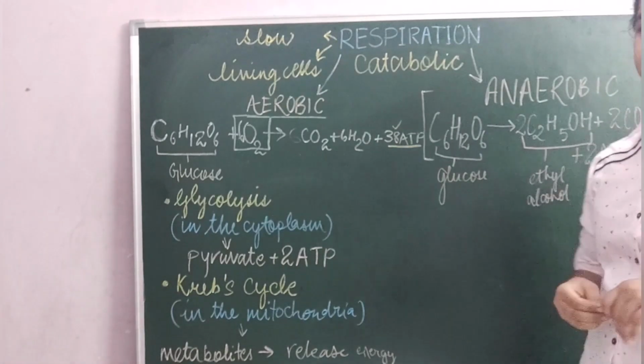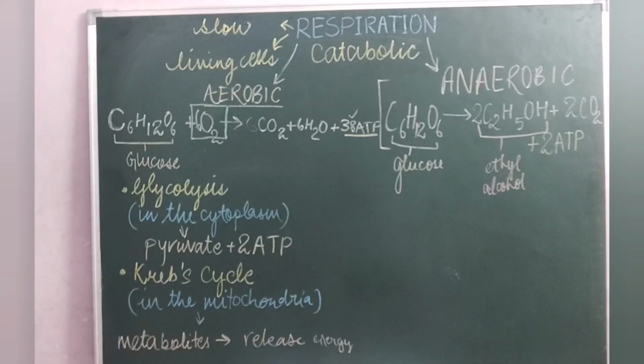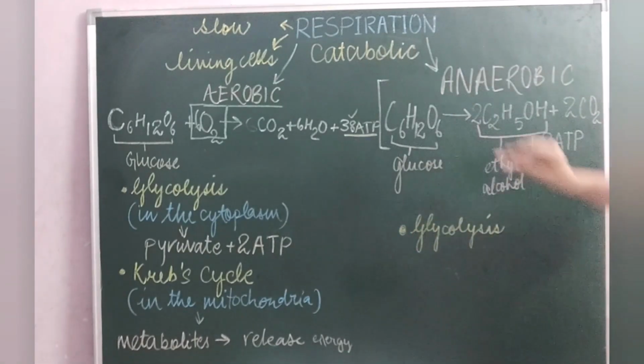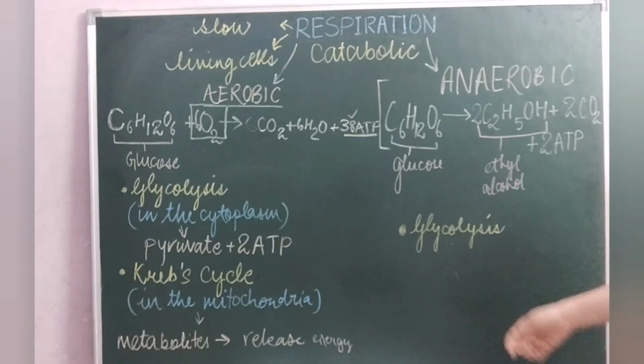Anaerobic respiration. Right now we discussed what is glycolysis. Glycolysis is the first phase of breakdown of glucose in which the incomplete breakdown of glucose takes place. Now in aerobic respiration, the first process is glycolysis. The same thing occurs when there is no oxygen, because glycolysis does not require oxygen, right?